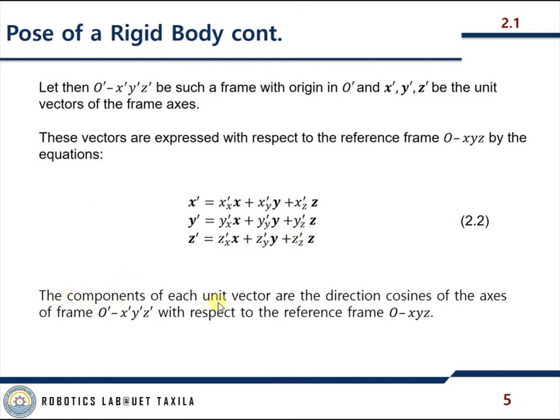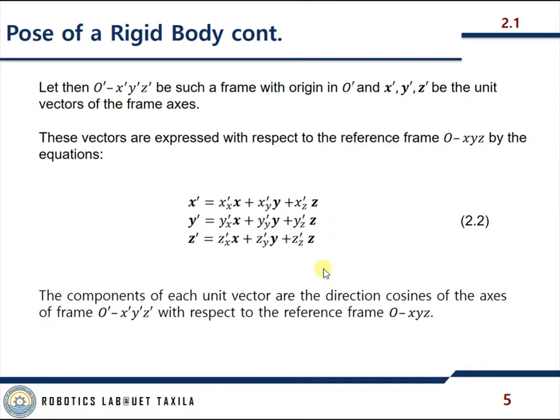The components of each unit vector are the direction cosines of the axes of the frame x bar, y bar, z bar, or O dash, with respect to the reference frame axes. So these components which we are representing are actually describing the pose.